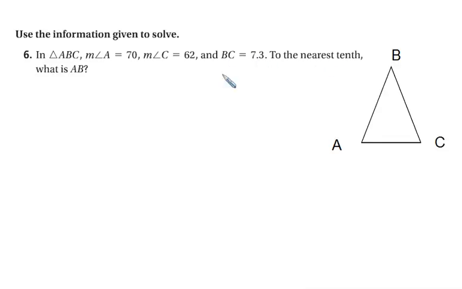So to the nearest tenth, we're supposed to find AB. Again, that means the length of segment AB. So let's label our diagram. Measure of angle A is 70. Measure of angle C is 62.